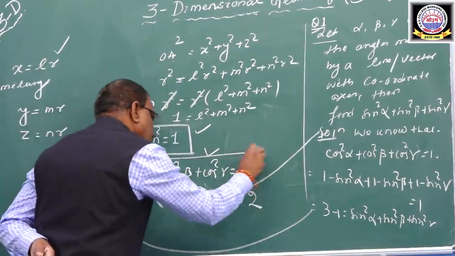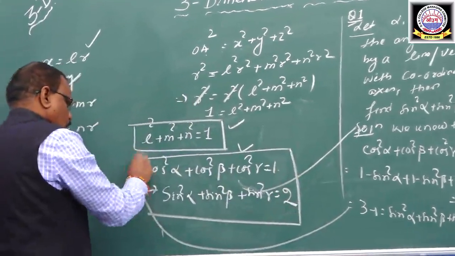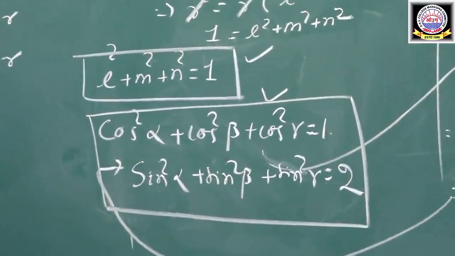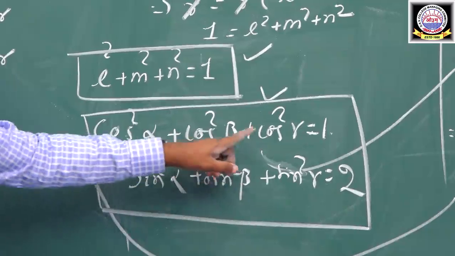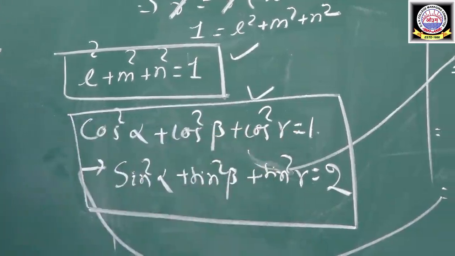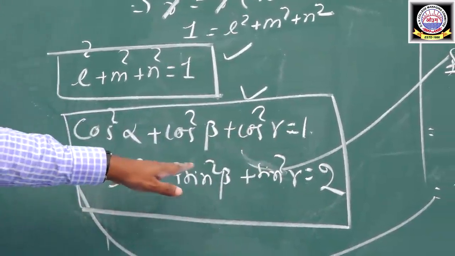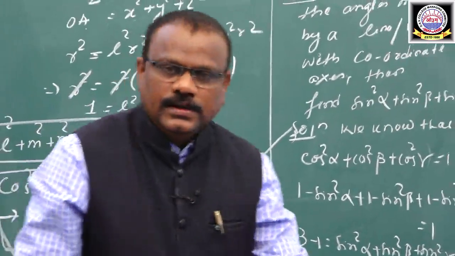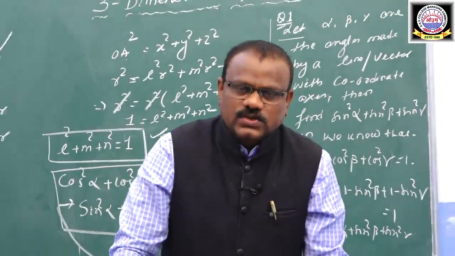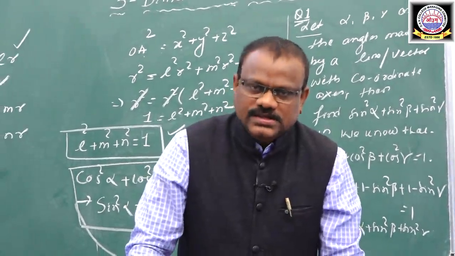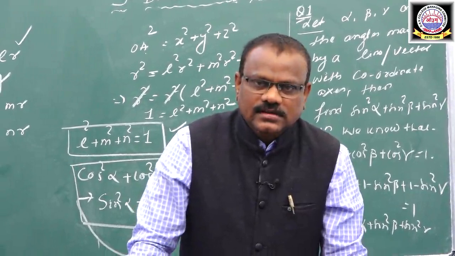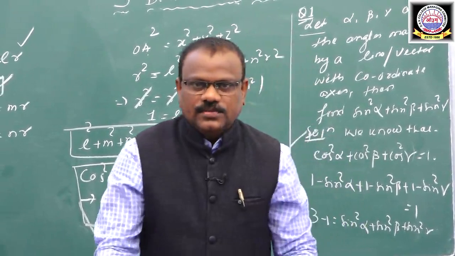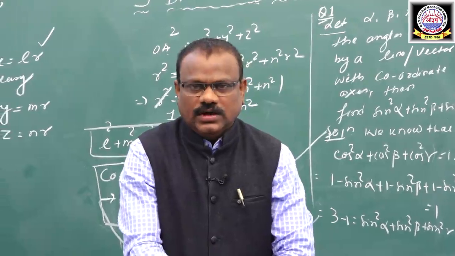So, remember these two, which will be helpful to you: cos square alpha plus cos square beta plus cos square gamma is equal to 1, and sin square alpha plus sin square beta plus sin square gamma is equal to 2. This is the relation of the direction cosines with the coordinates, and this is the relation between the direction cosines, that is L square plus M square plus N square is equal to 1.